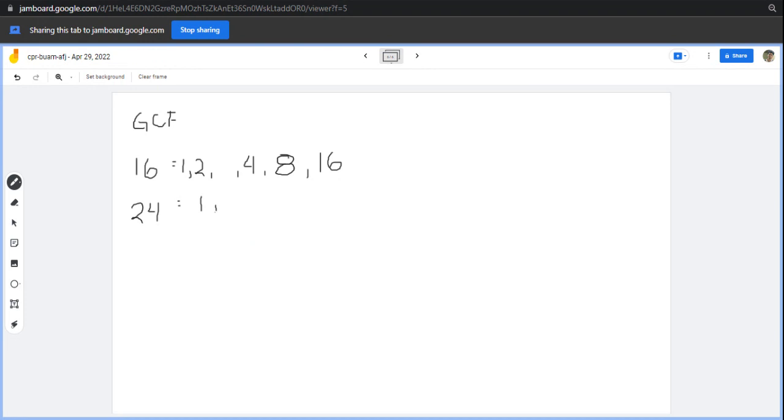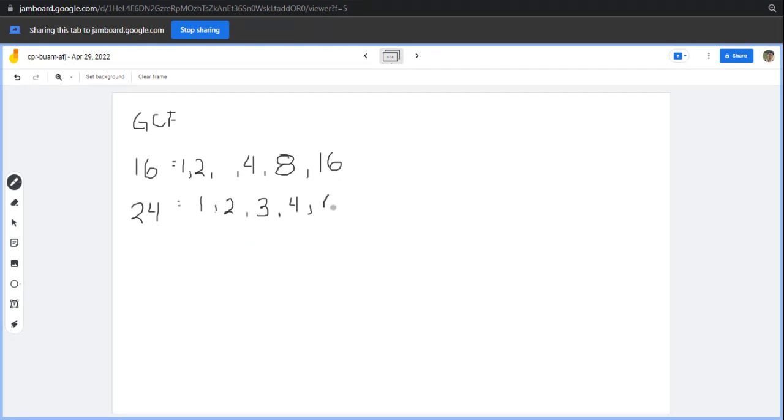24. 2 is a factor of 24. Also 3. Then, sabi ni Pipa 4. So, that is correct. 4 is a factor of 24. And 6.